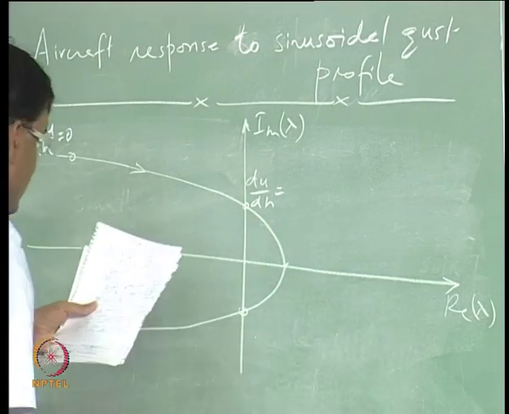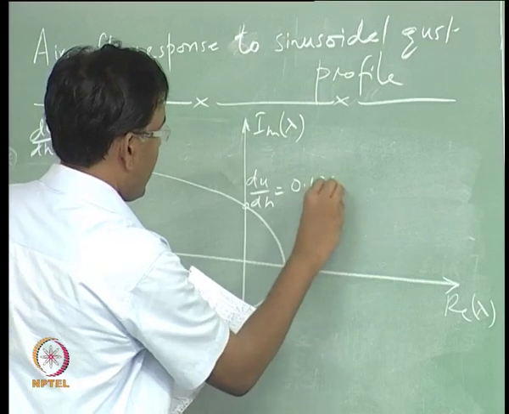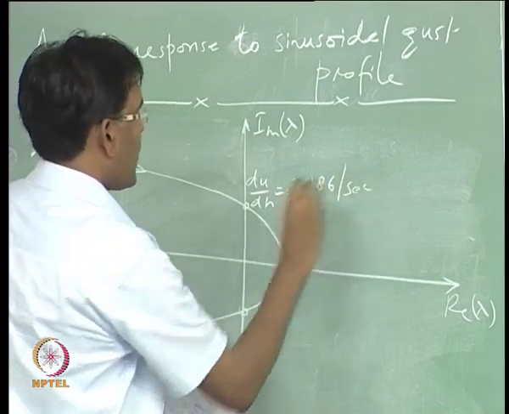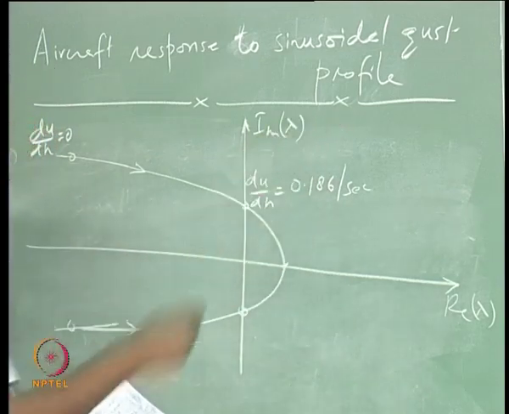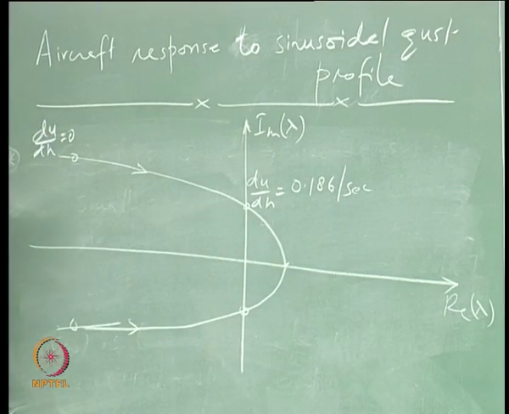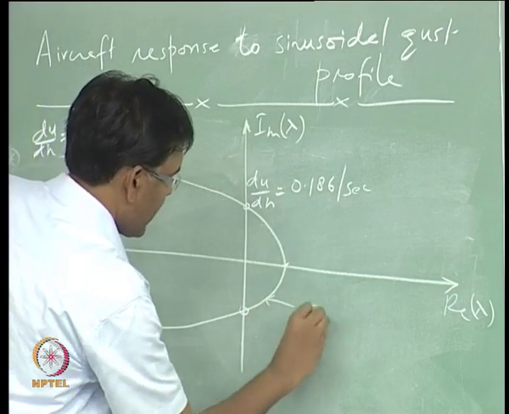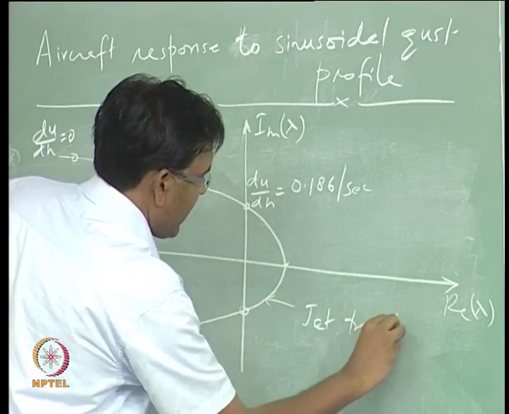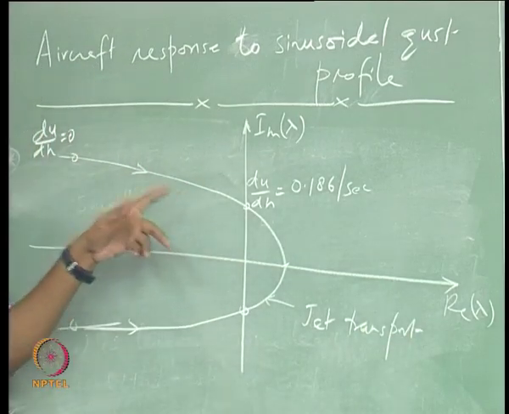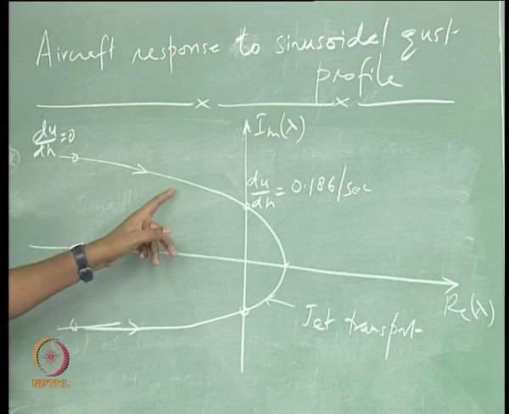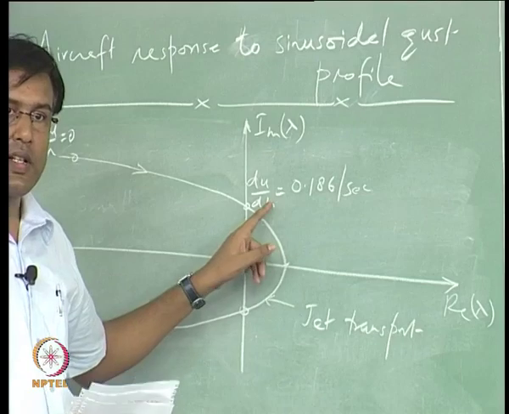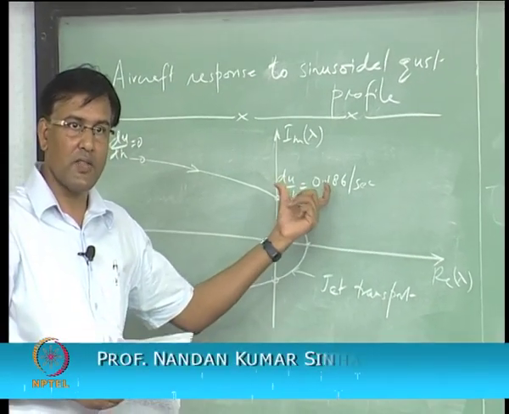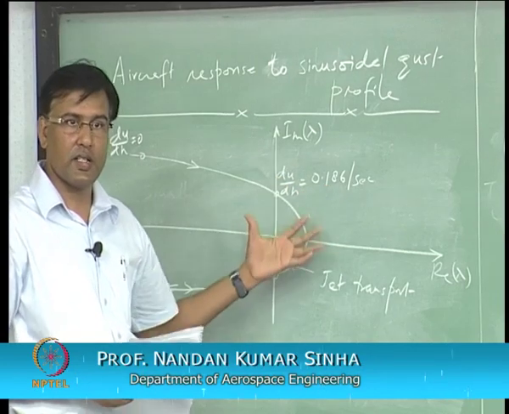It is lying on the imaginary axis, 0.186 per second, right, and this is for airplane B. It is likely that the Phugoid mode of this aircraft will become unstable when you have this gradient having large value, and you do not want this to happen, right.